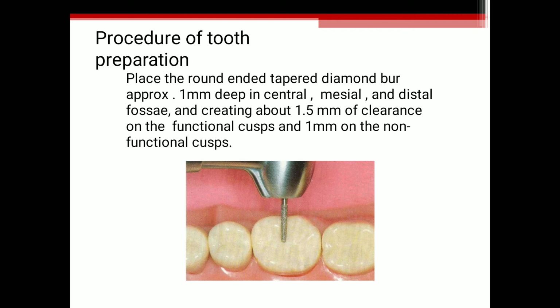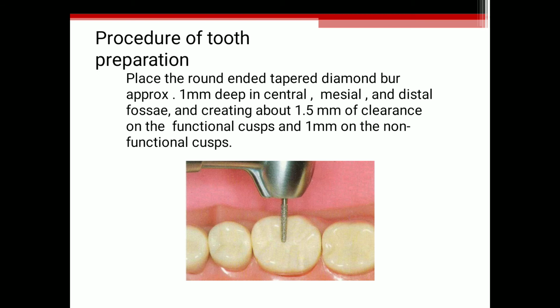First neatly isolate and evaluate the tooth, then take your round and tapered diamond bur. You have to place the round and tapered diamond bur approximately 1 mm deep in the central, mesial and distal fossa.